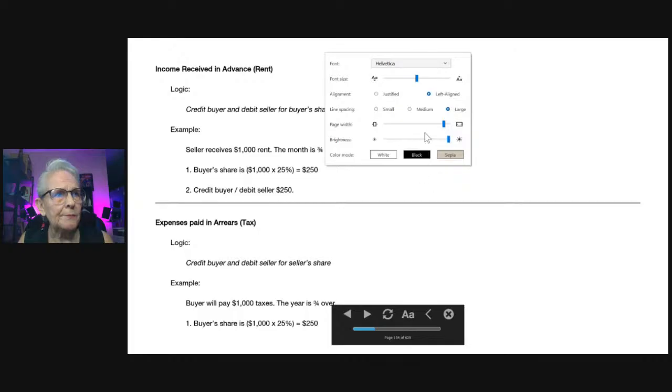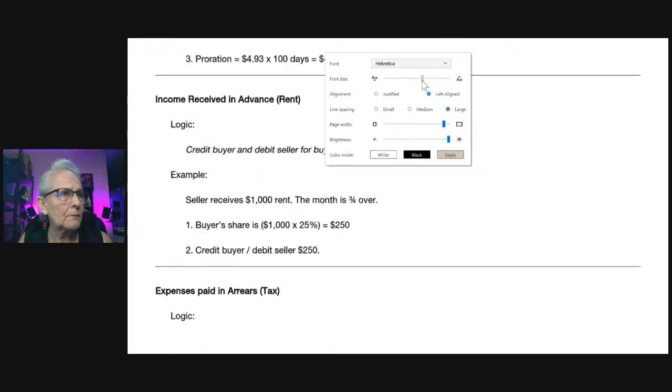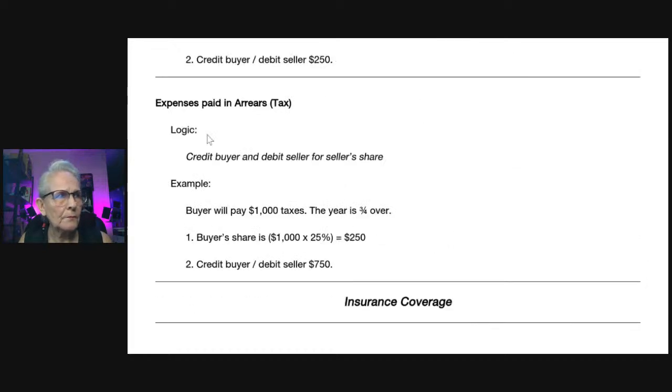Expenses paid in arrears. Taxes are paid in arrears, okay? The same with utilities. We use it and then we pay for it.